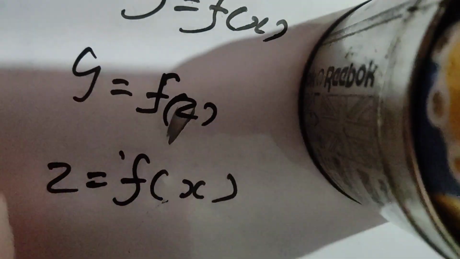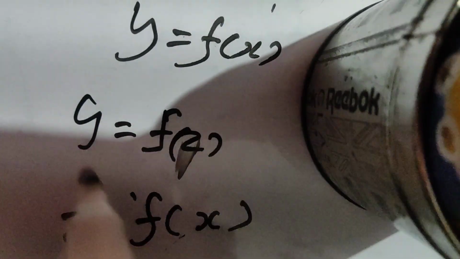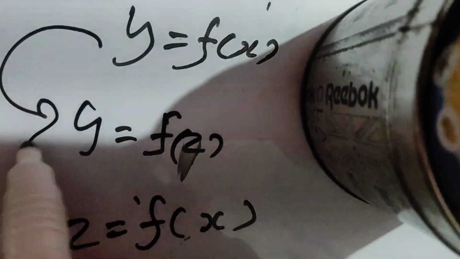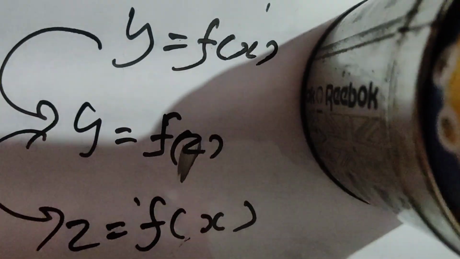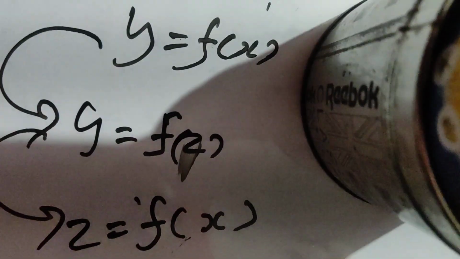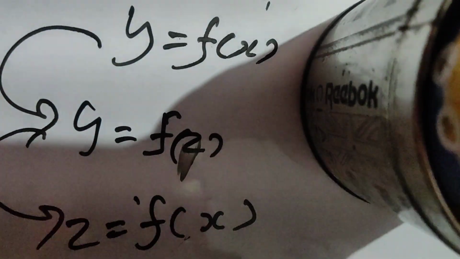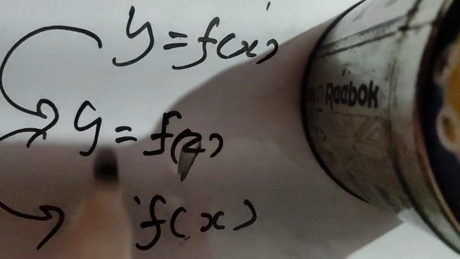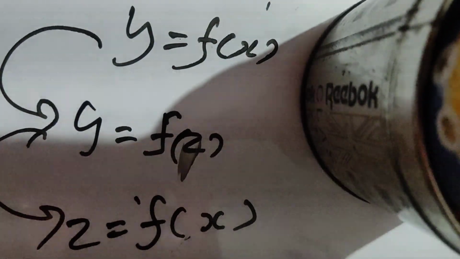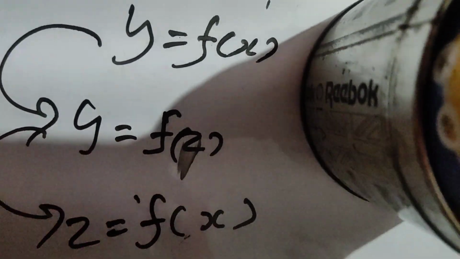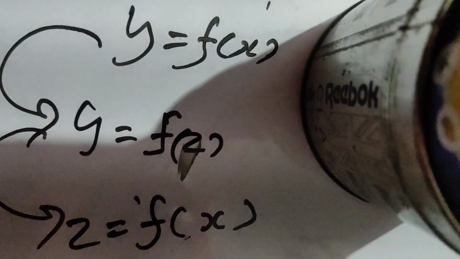So this is indirect. For example, y is the function of z and z is the function of x. So that is what the chain rule does. So we make an indirect function, and through that function we differentiate and get the derivative, right?